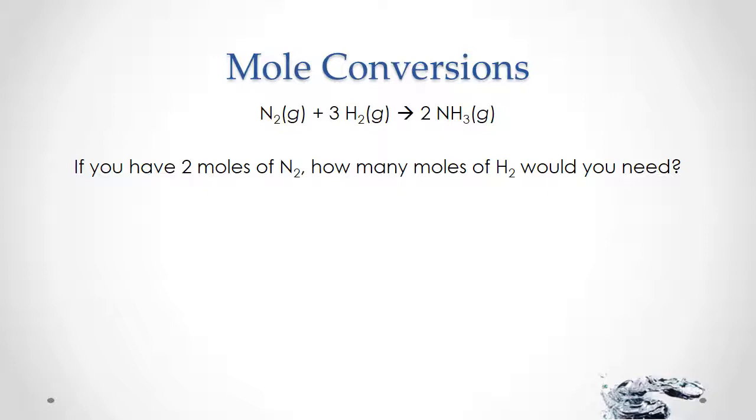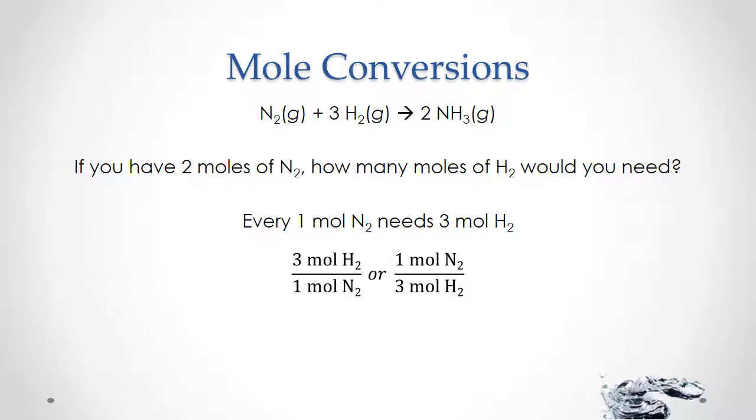Well, we have our conversion factor here. For every 1 mole of N2 from our equation, it takes 3 moles of H2 in order to use it up. So we can set up our conversion factor as either 3 moles of H2 over 1 mole of N2 or 1 mole of N2 over 3 moles of H2.